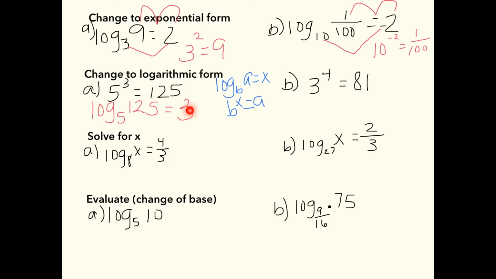The same thing here. This will be log, and the base, the 3, is at the bottom with the 81, and the exponent right here is what it's equal to, 4. So go ahead and try C by yourself.